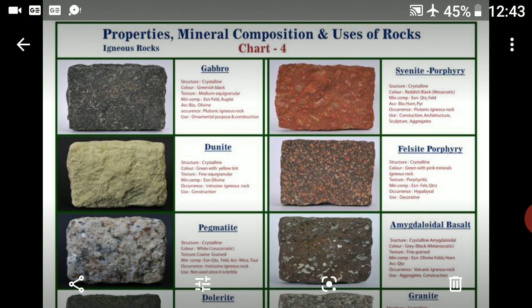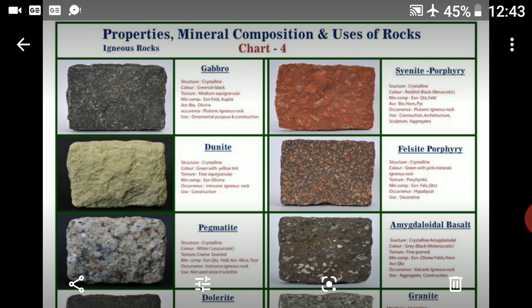Accessory minerals: biotite, hornblende and pyrite. Occurrence: plutonic igneous rock. At deep-seated rocks, we can see there is syenite porphyry. Uses: construction, architecture, sculpture, and as aggregates we are using this syenite porphyry.